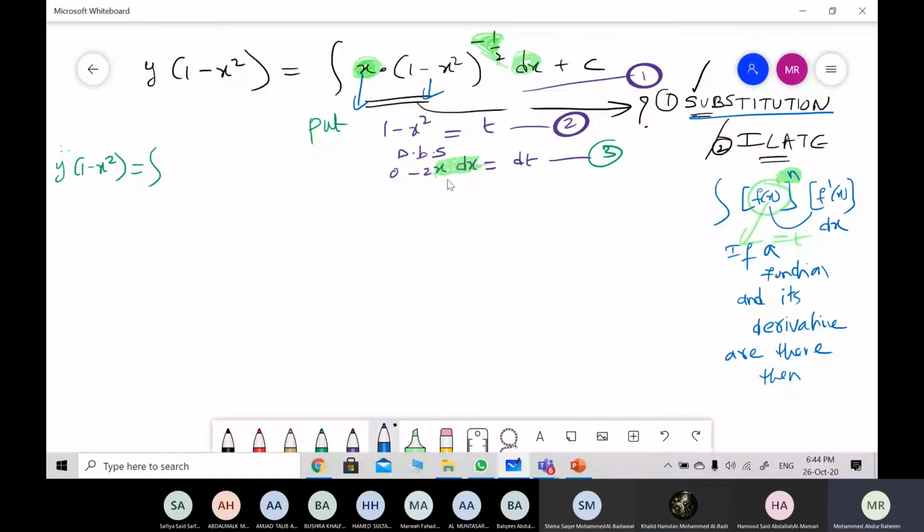Can I write from this x dx is a dt, dividing? This minus 2 will go like this. Yes. Cancel this one.